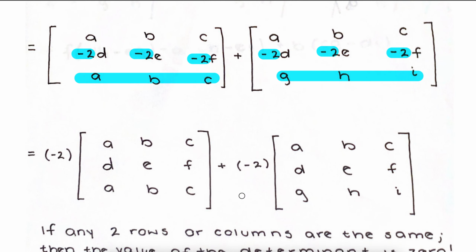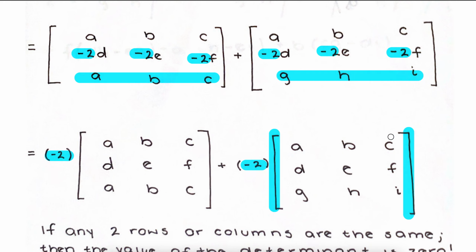When I did that, we get this. So I take out the negative 2, and then we have d, e, f, and when I remove it from the other matrix, I get d, e, f as well. And then here we see that the matrix on the right looks exactly like the one we're given. So we can leave that as 3.